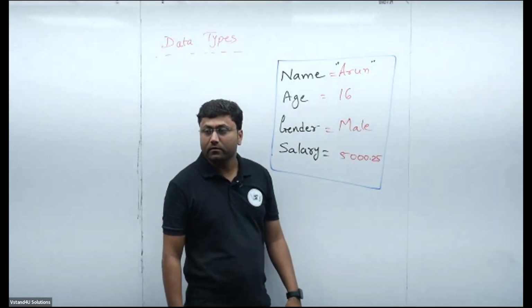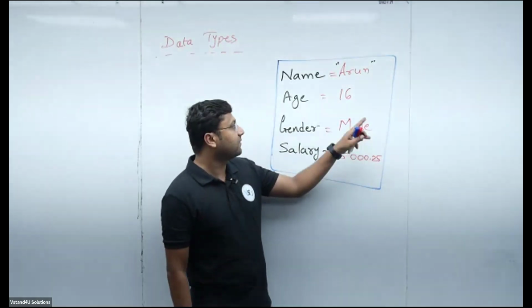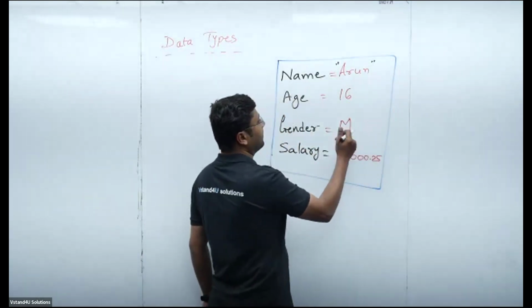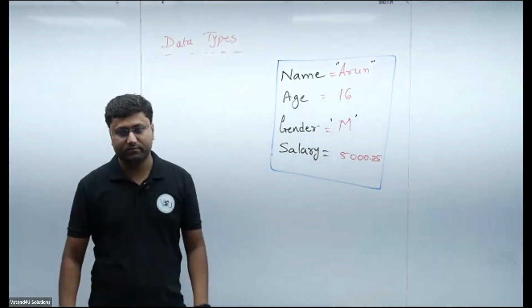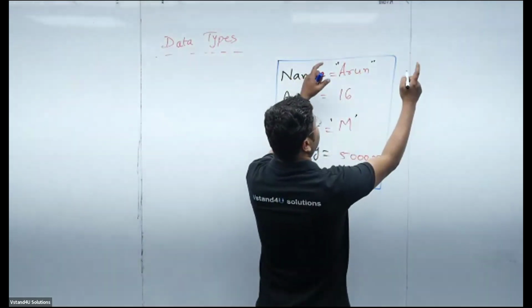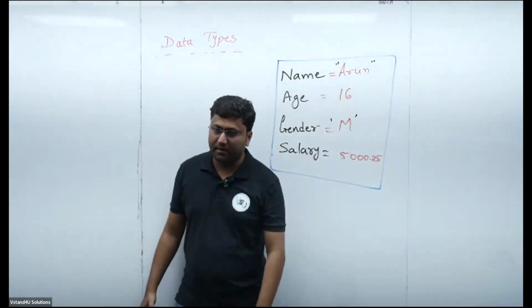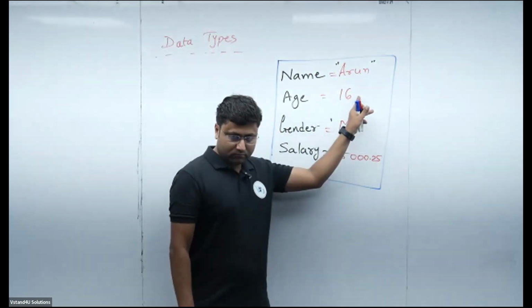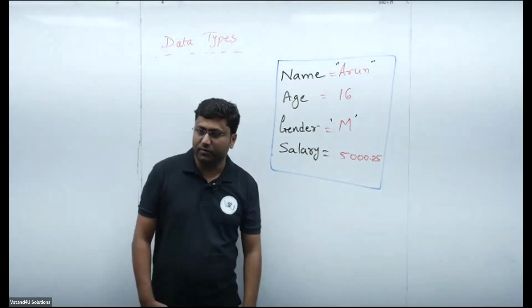One has a decimal part and one does not. If only a single alphabet is there, it is stored in single quotes; if multiple alphabets are there, in double quotes.